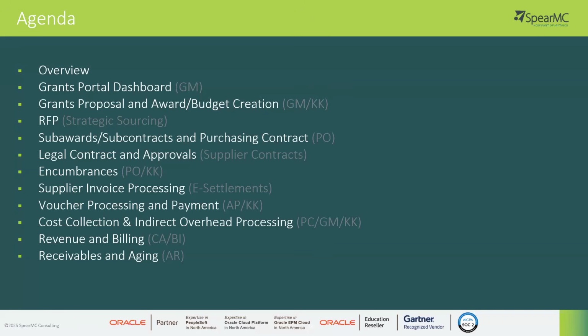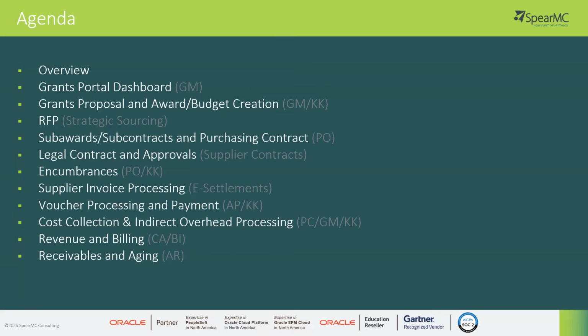And why you need to do that, there could be various reasons. It could be capacity, lack of resources, not having the specific expertise. But we want to walk through how that process can be fully automated within the PeopleSoft system.